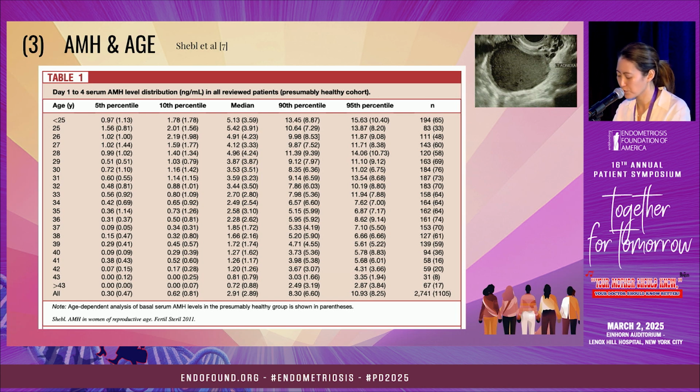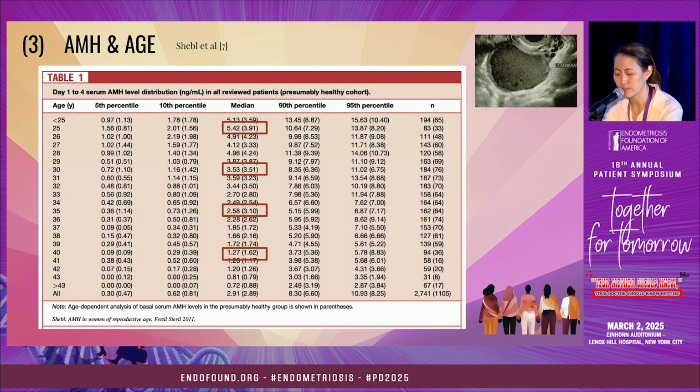I use this chart a lot with my patients. They looked at almost 3,000 patients and looked at the mean AMH for age. If you're age 25, the median AMH is about 5.4. If you're 30, that median is about 3.5, at 35, 2.5, and at 40, 1.2.